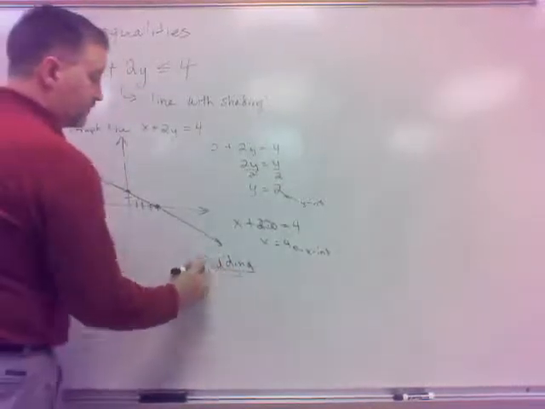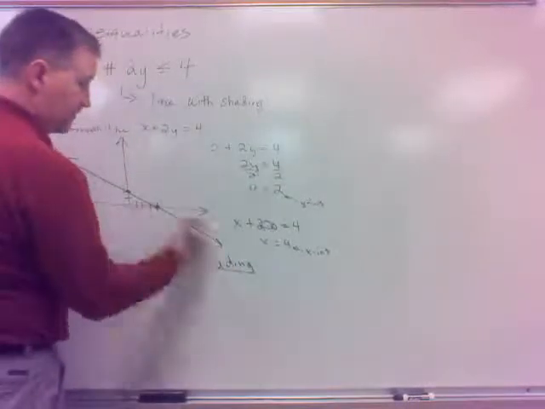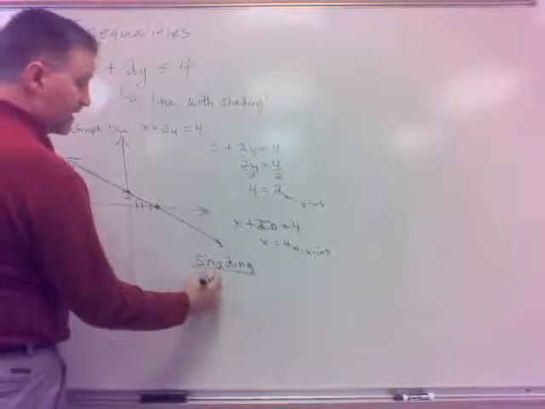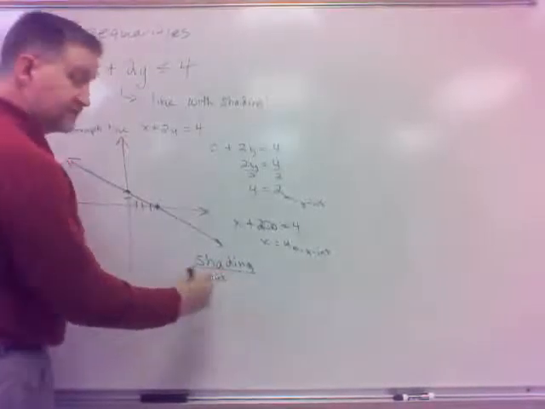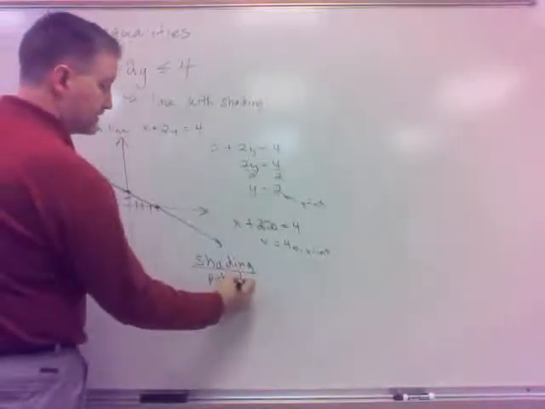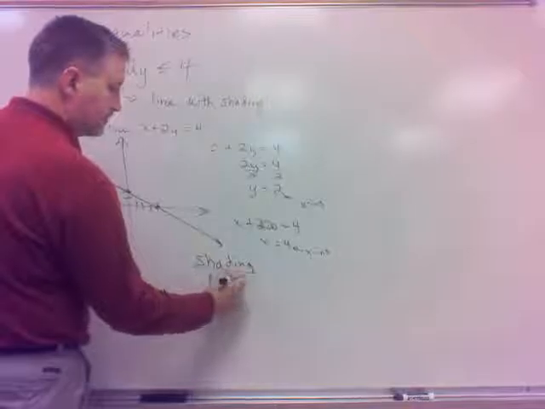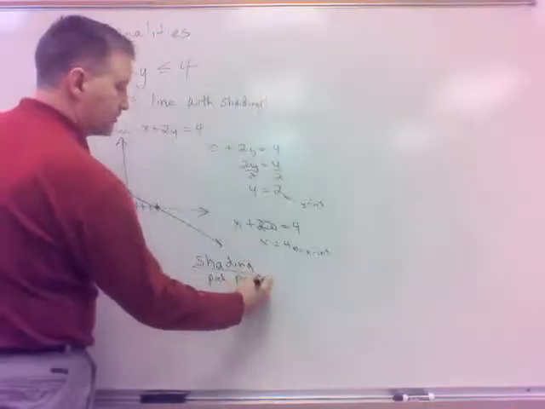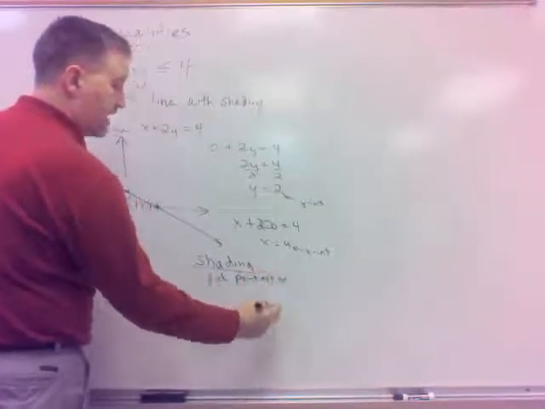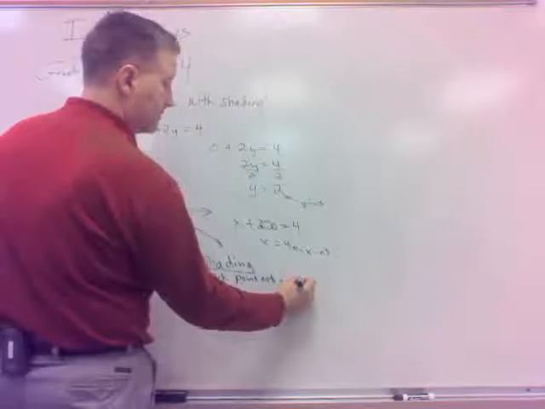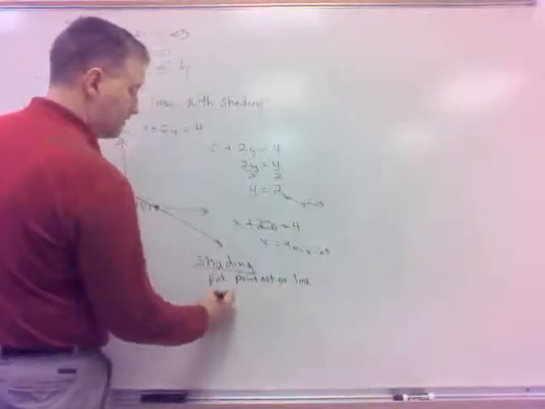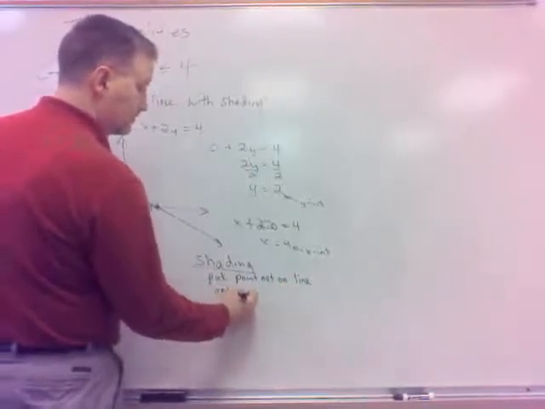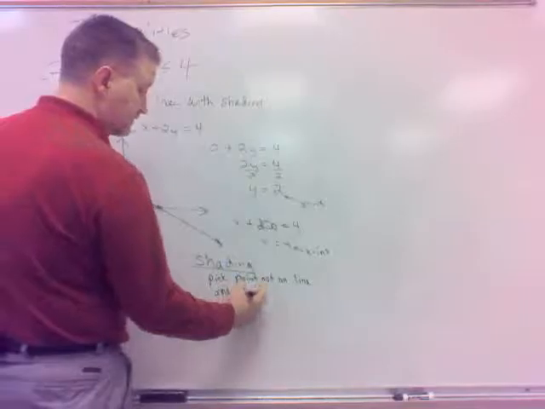And what you want to do on the shading is just pick a point not on the line, and usually 0, 0 is a good choice there. And check it out and see if it works. If it doesn't work, then go to the other side. If it does work, shade that side.